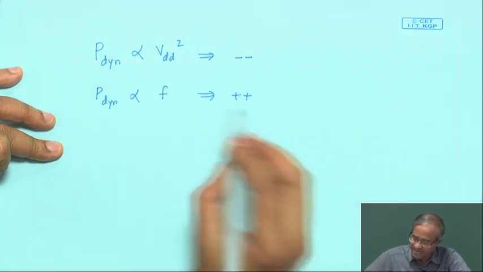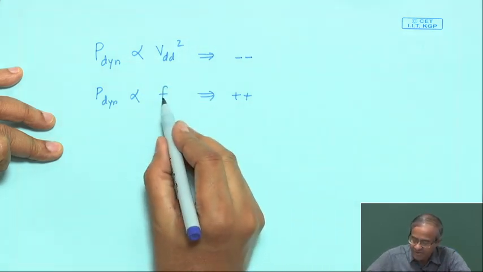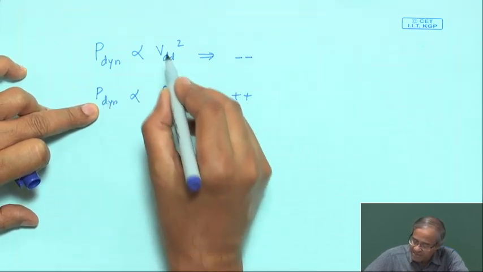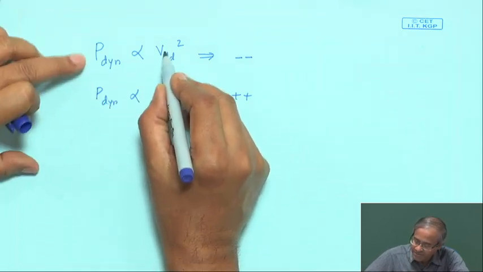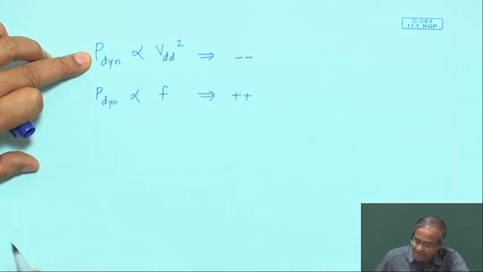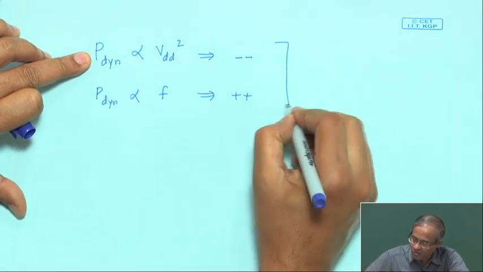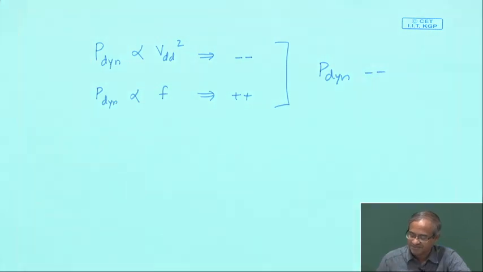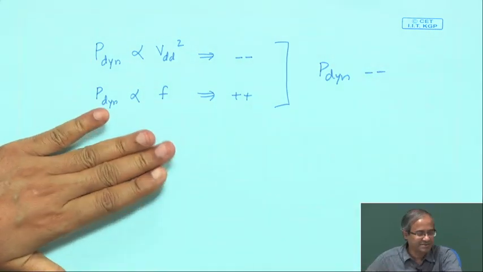The idea is that you increase the frequency, and increasing frequency is expected to increase the power, but at the same time you decrease the voltage. Decreasing voltage will have a greater impact on the power. So, overall your dynamic power dissipation will decrease, right. This is the basic idea.